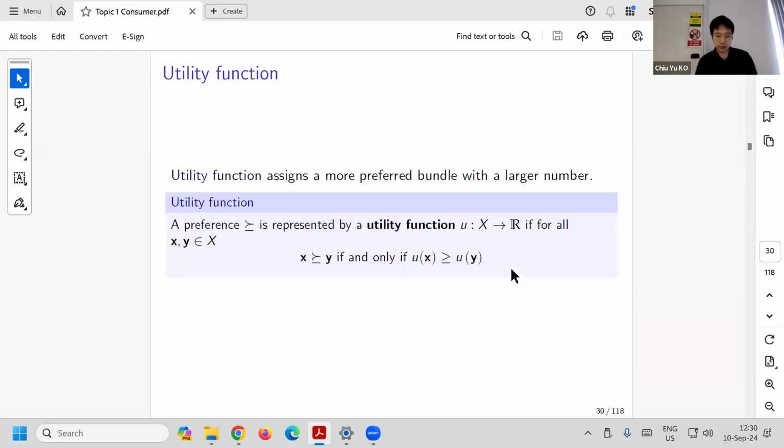So the utility function is where we give a number to each possible bundle. If possible, then we have a utility function. And we know that this is not always possible. For example, if preference is not continuous, that's not possible.